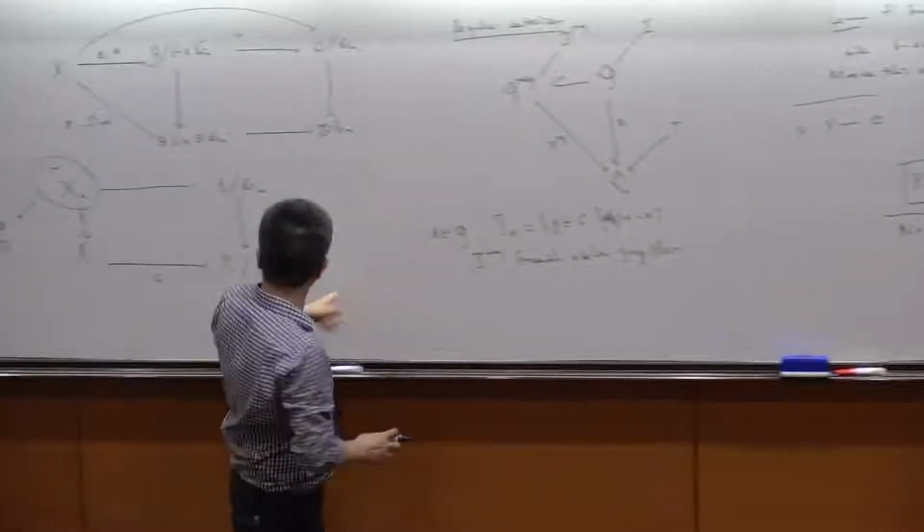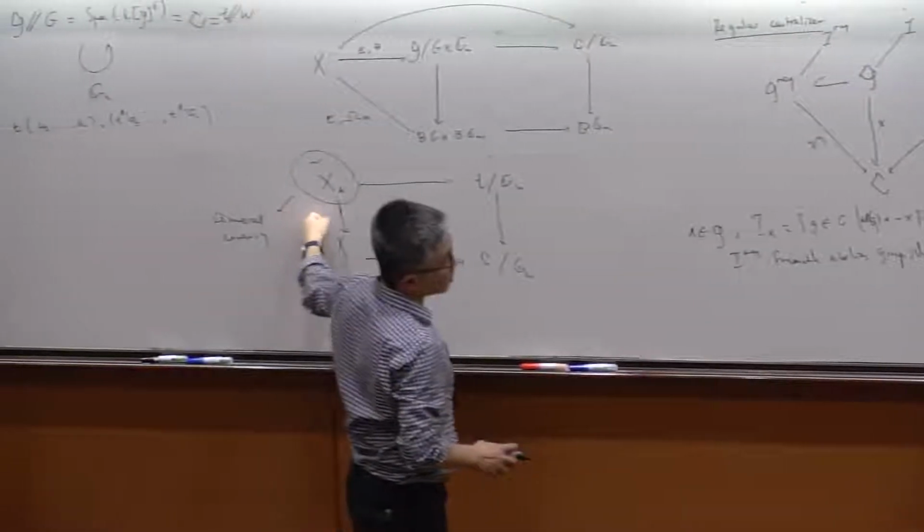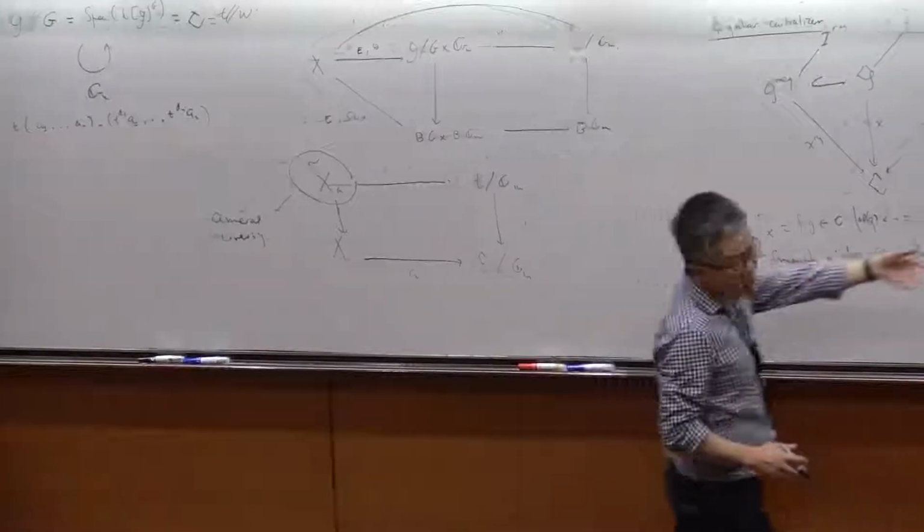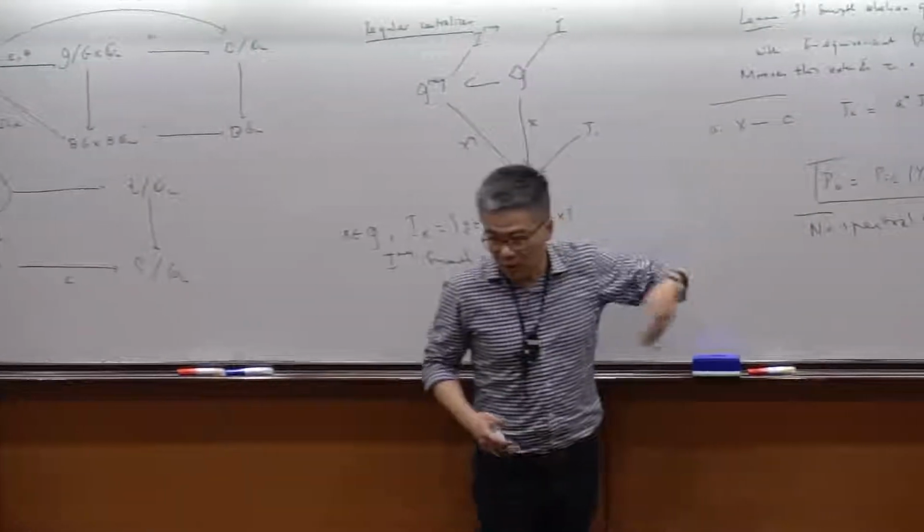And when the spectral curve, when the cameral curve is smooth, then this action is simply transitive, right?